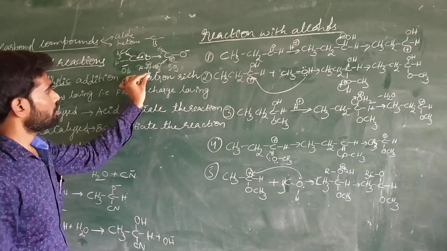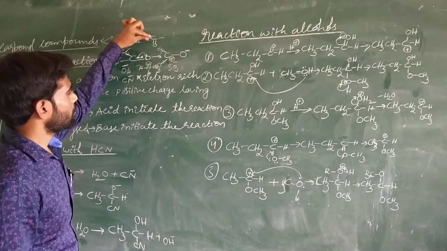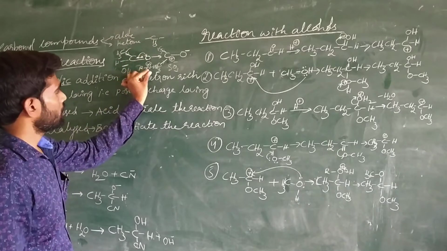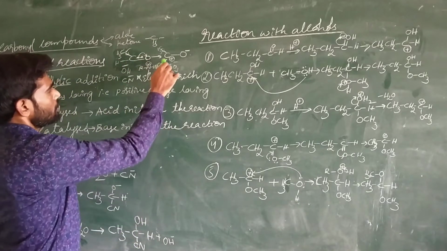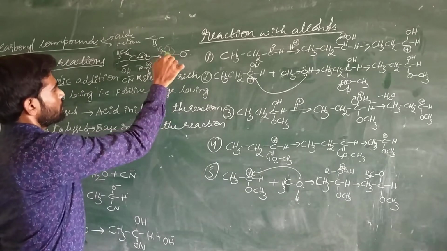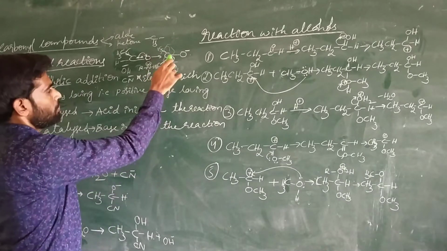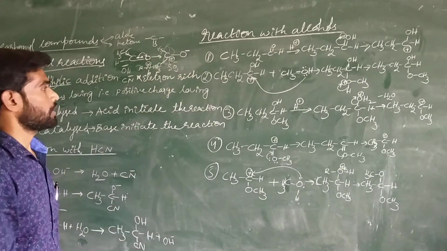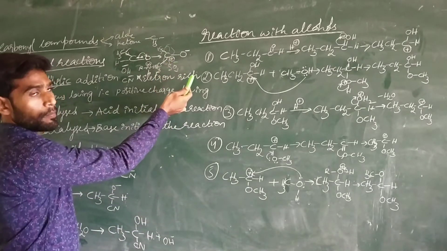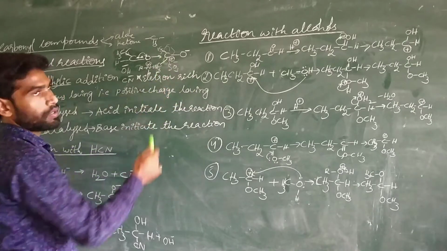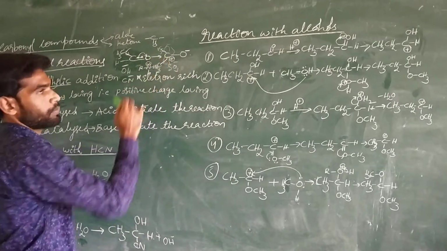With one hand this methyl group pushes electrons, with the other hand the other methyl group also pushes electrons, and the density moves here, so the carbon does not experience much positive charge. If it does not, the nucleophile does not react readily with the carbonyl carbon.